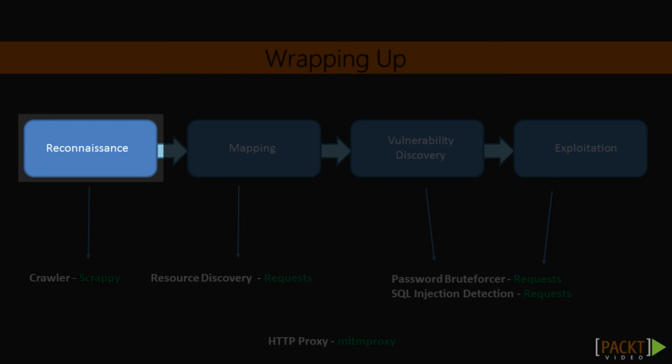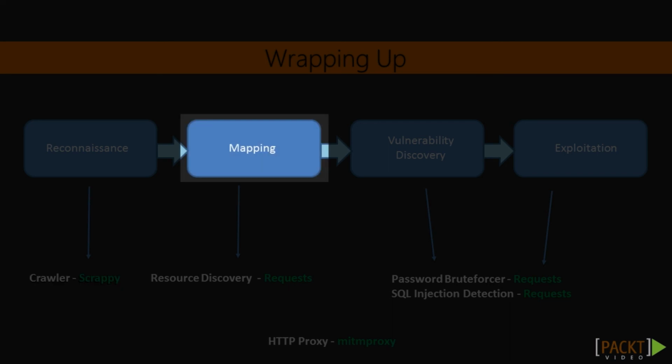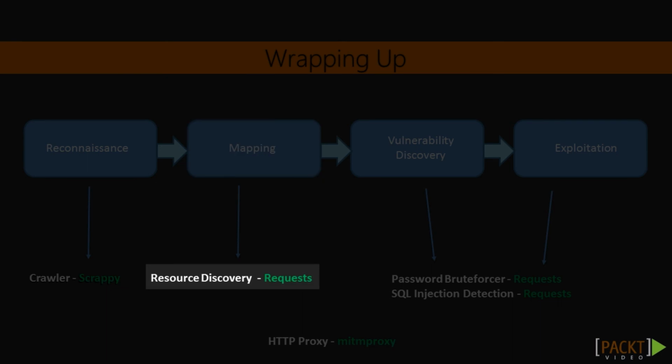For Reconnaissance, we developed a web crawler using Scrapy. This tool allows us to crawl recursively a website and extract interesting information. For the mapping phase, we created a brute forcing tool that will help us identify resources in a web application.